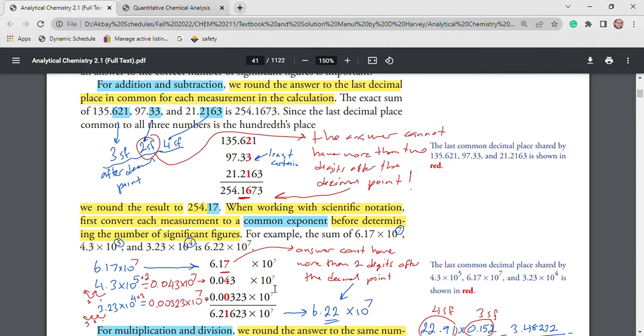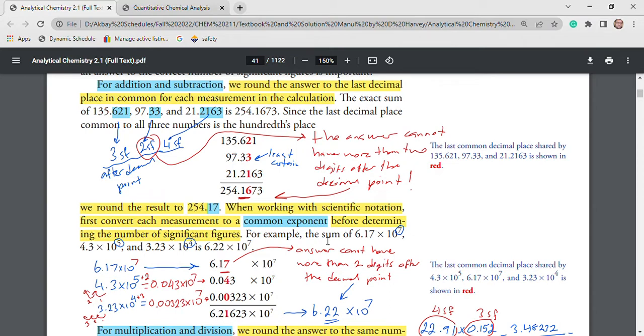Here, if we're dealing with scientific notation, we want to make sure the exponents are the same. You see 6.17 times 10 to the 7th, 4.3 times 10 to the 5th, and the last one is 3.3 times 10 to the 4th. Because those exponents are not the same, we have to make them the same. It's like adding apples and oranges. We cannot do that.